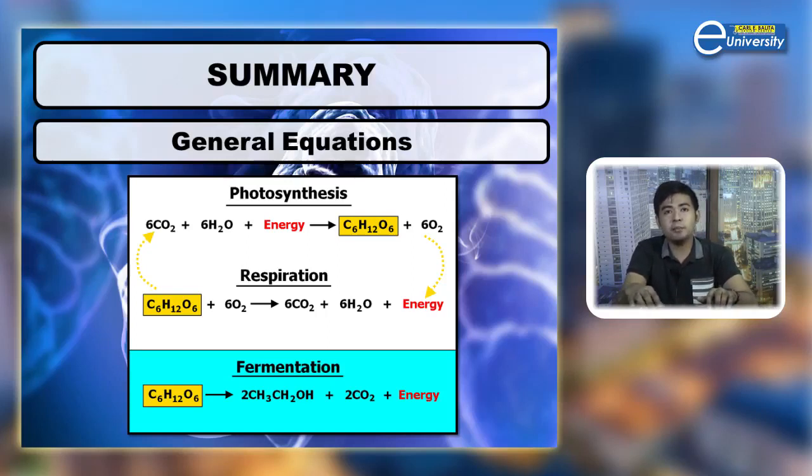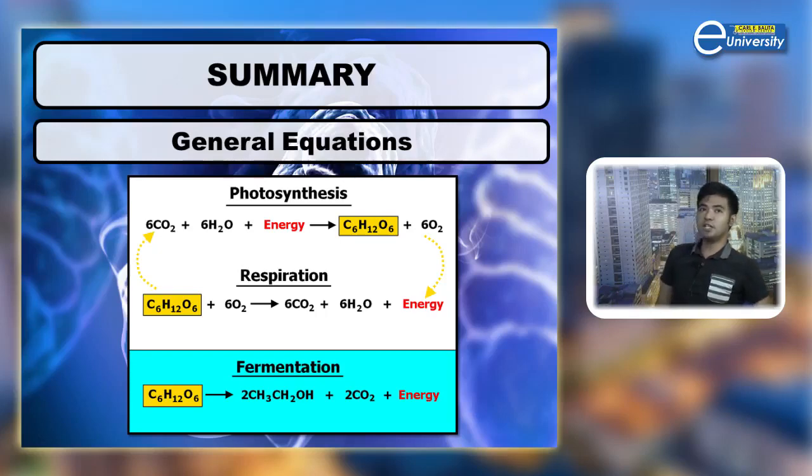And of course, with cellular fermentation, the glucose is converted into ethanol, or it can be lactic acid, producing carbon dioxide and energy. As you can observe, photosynthesis and cellular respiration are opposite. Why? Because glucose is a product of photosynthesis, while it is a raw material in cellular respiration.